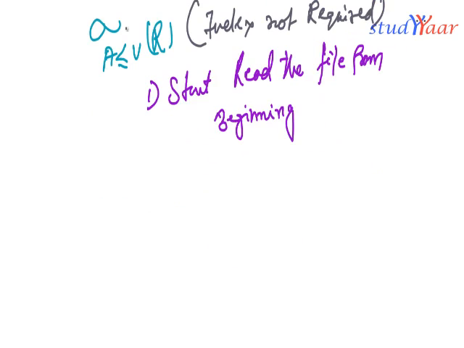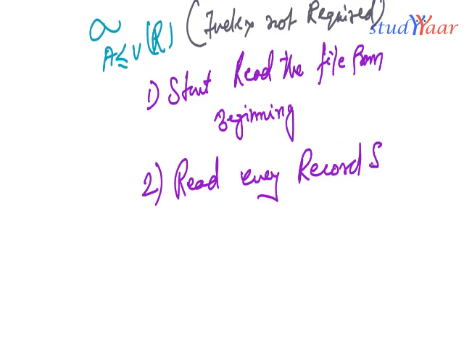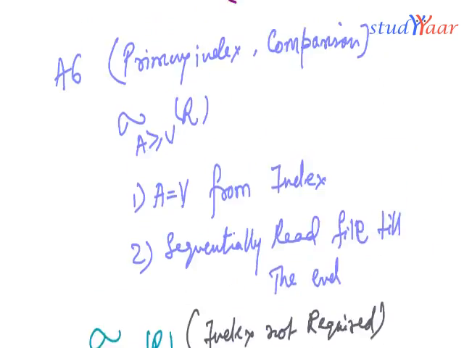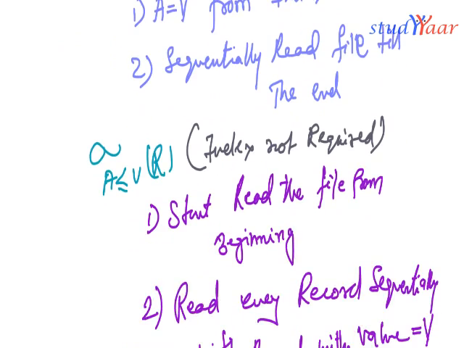From here, after starting from the beginning, I am going to sequentially read every record until I find the record with value equal to v. So that is how I use my A6 algorithm on a primary index.